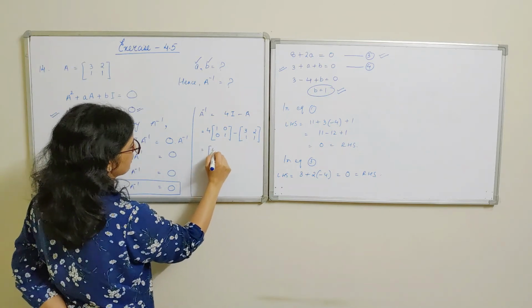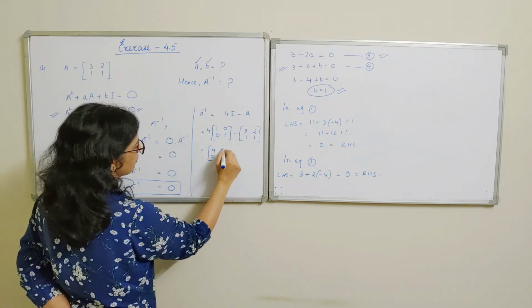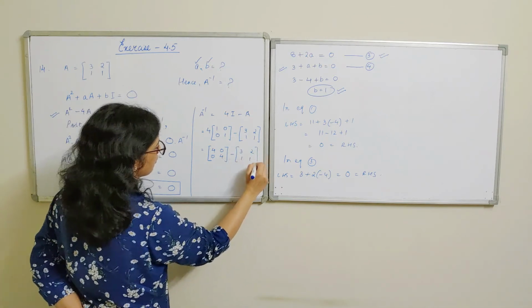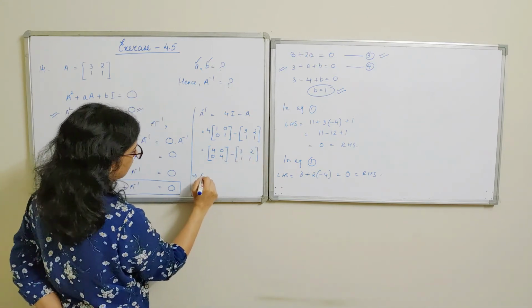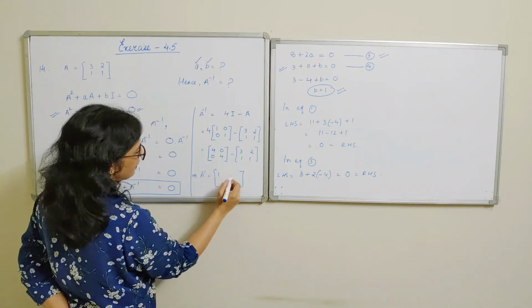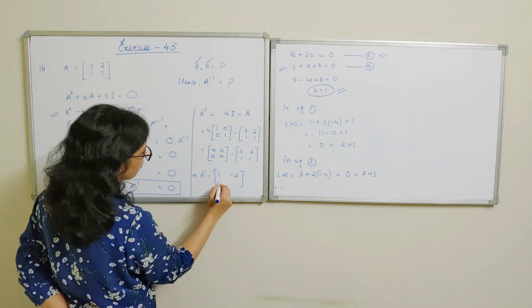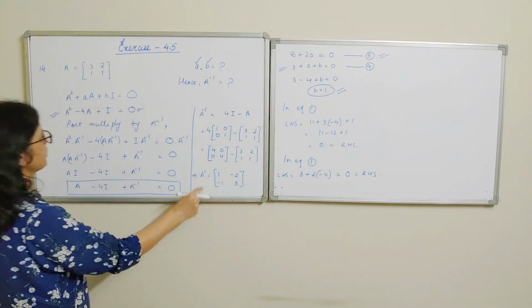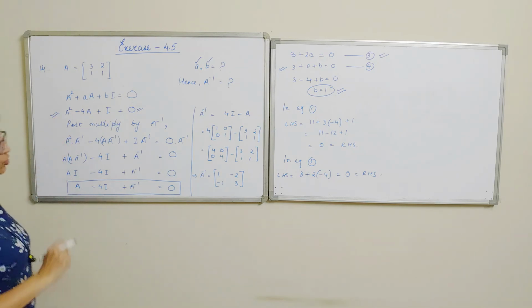So we are getting here, so this means A inverse matrix is a square matrix given by elements 1, minus 2, minus 1, 3. So this way we have found A inverse using the given condition.